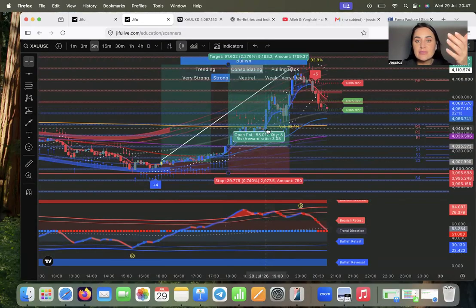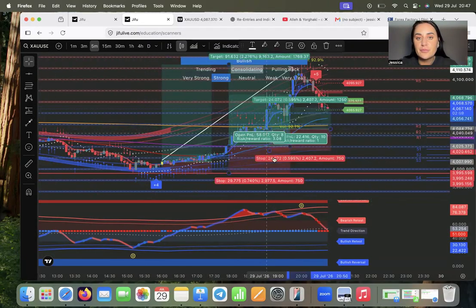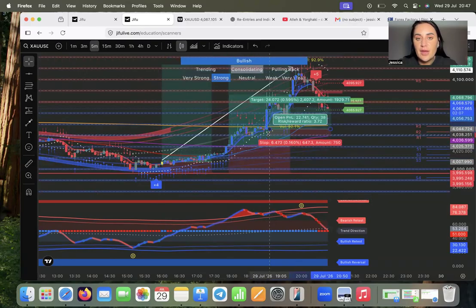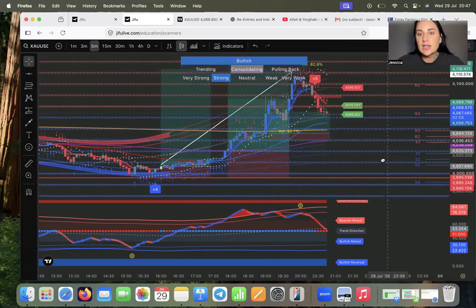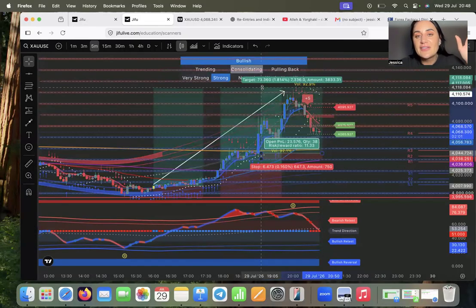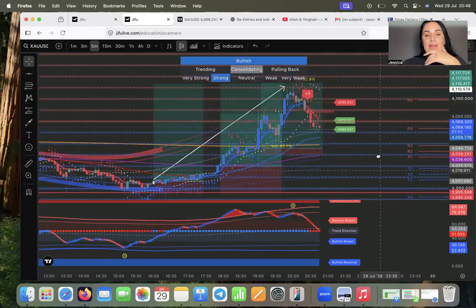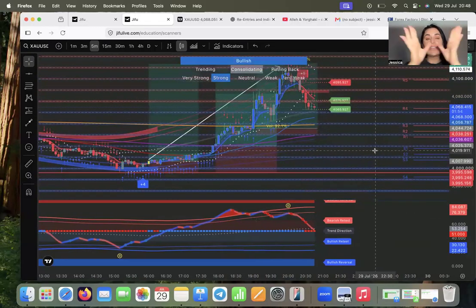You could have placed another one here. So technically, this is very advanced, okay? But technically, you can be layering at different points on this trade.